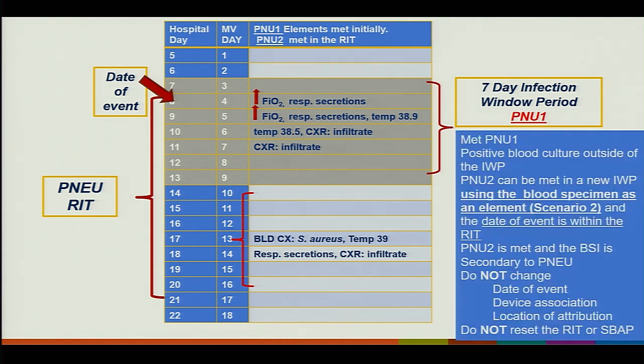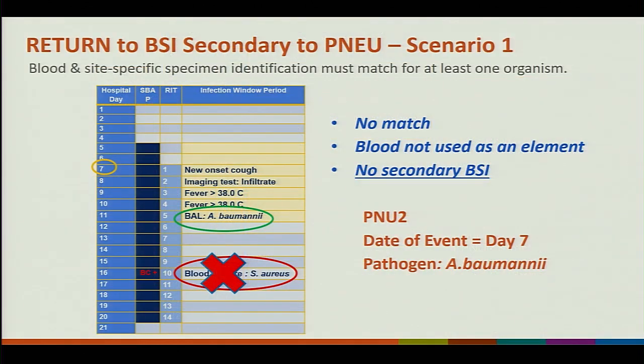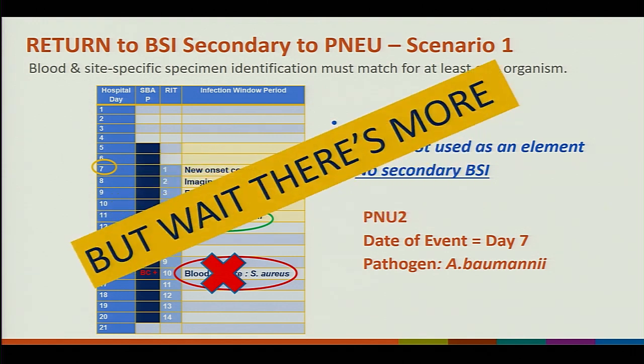So you just have a PNEU1 that you now can meet another criterion of the pneumonia definition, so the PNEU2 can be secondary. So let's go back to that example in our scenario 1 where I said, yep, can't meet this. Well, guess what?